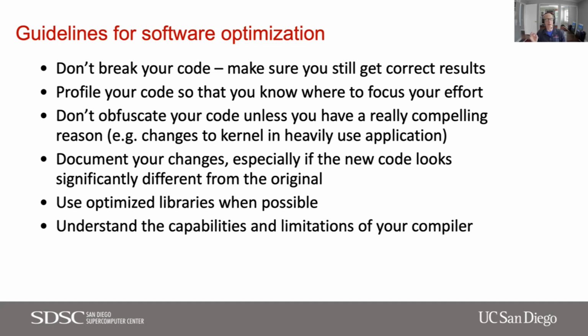The easiest way to get performance is to use optimized libraries whenever possible. If you're writing your own code, and it depends primarily on a linear algebra routine or an eigenvalue solver or these other common operations, if you can use the optimized libraries, just go ahead and do that. That's going to save you a lot of work.